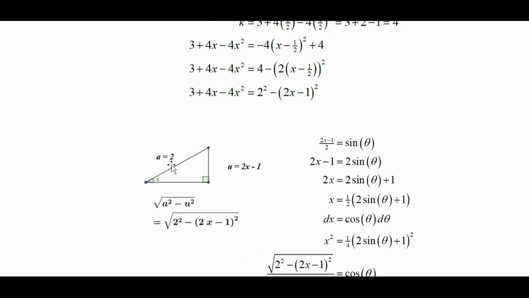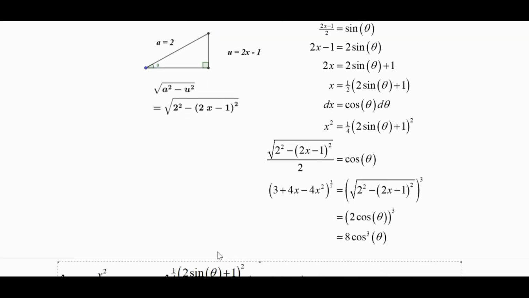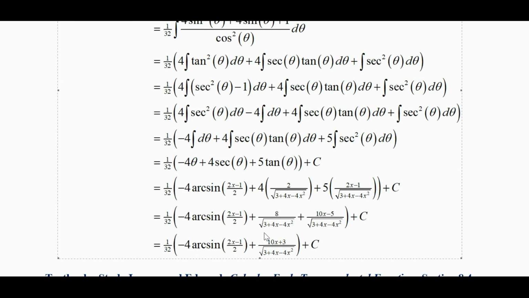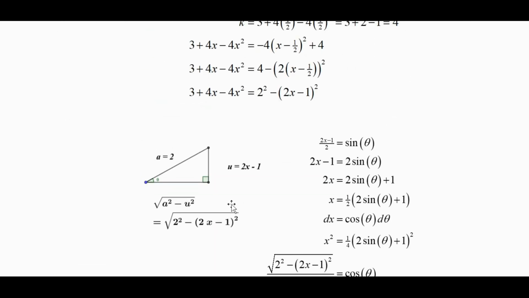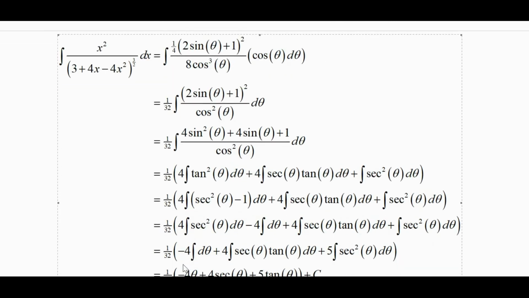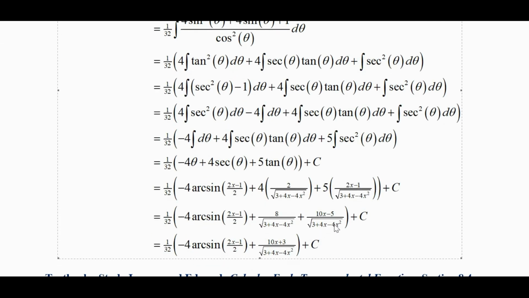So that's going to be hypotenuse over adjacent, 2 over the square root of that thing. I'm going to write it like it was originally, 3 plus 4x minus 4x squared. Okay, plus the tangent of the theta. Tangent of theta is opposite over adjacent, so that's going to be the 2x minus 1 over the square root. And again, instead of writing it this way, I'm going to write the square root of that like it was to begin with.